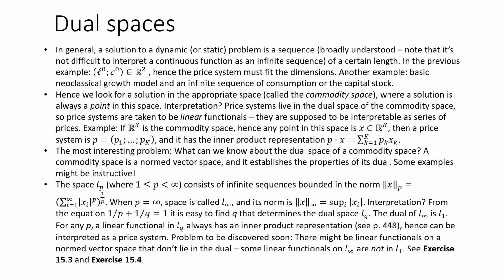We will see it soon. They cannot lie in the dual. So we need some tricks by which we can make sure that we will have linear functionals that we can interpret as price systems. This is the task we are going to solve in turn.